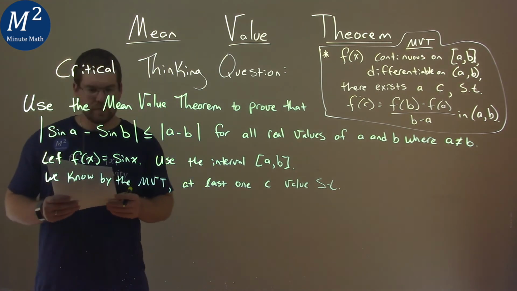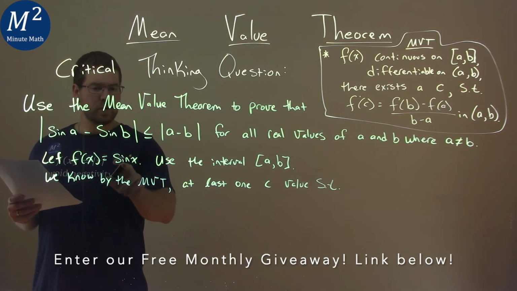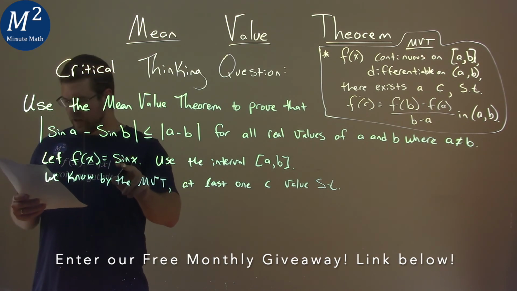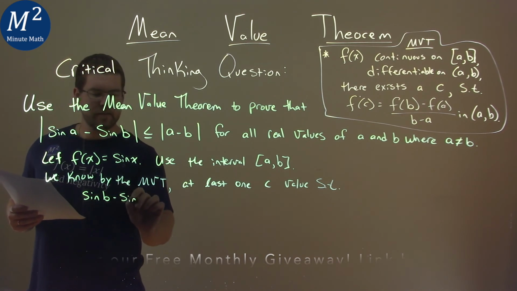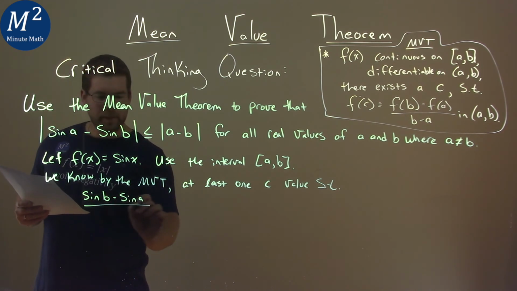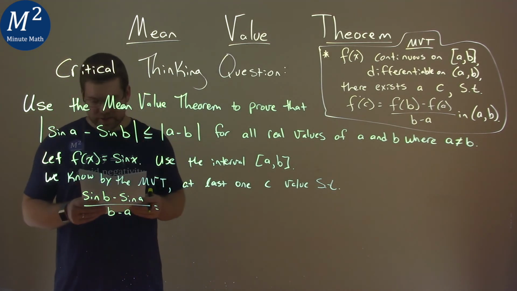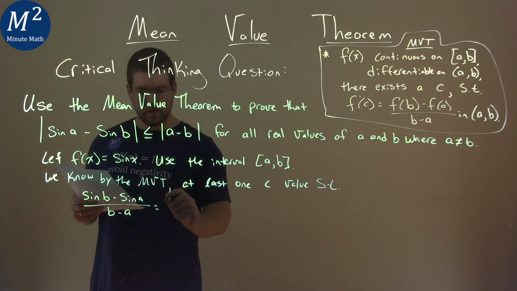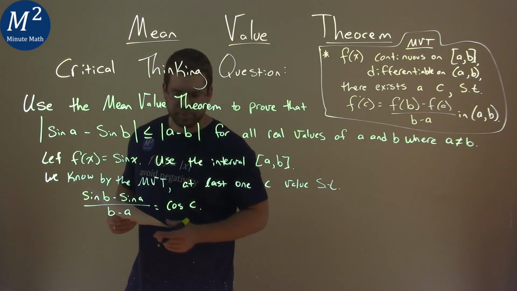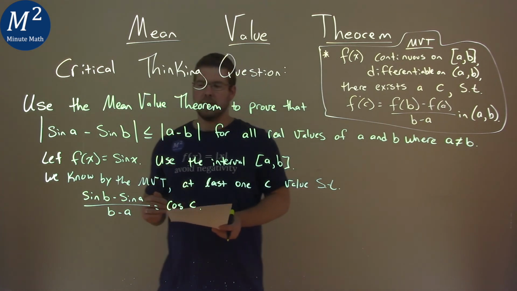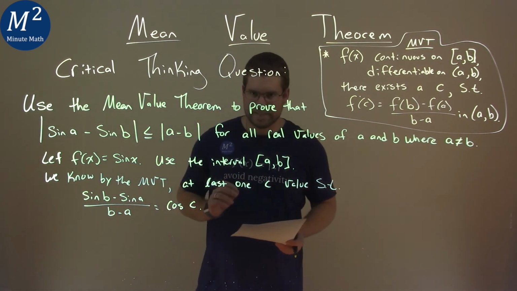The mean value theorem states that f of b minus f of a, so that would be the sine of b minus the sine of a, over b minus a, is equal to the derivative of our function sine of x, which is cosine at our value c, so cosine of c. So we have that written out here using the mean value theorem. The derivative of sine is cosine, and we're finding it at c.